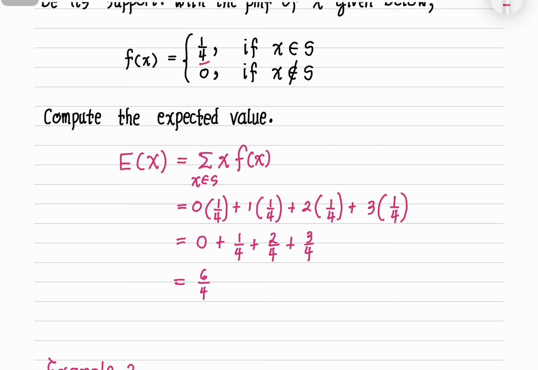So, pag di-divide lang natin yan. So, that gives us 1.5. Okay? So, ibig sabihin, our expected value is equal to 6 over 4 or 1.5. Okay? So, ganun lang kasimple.